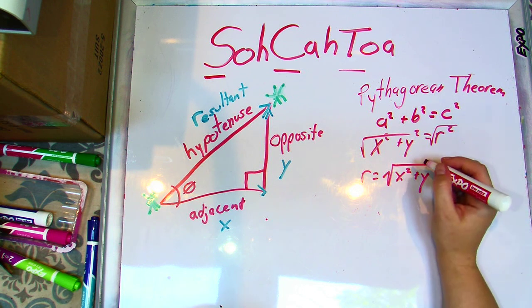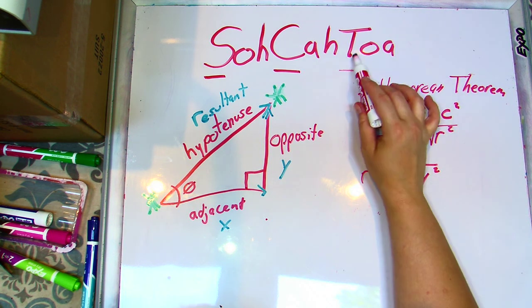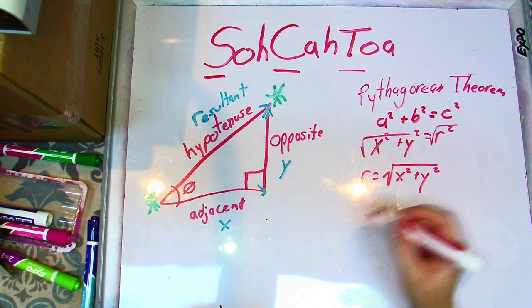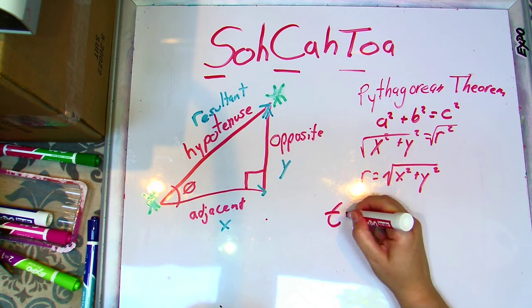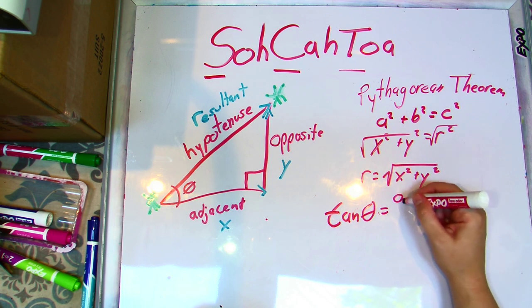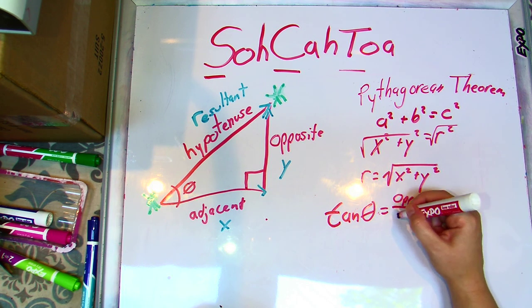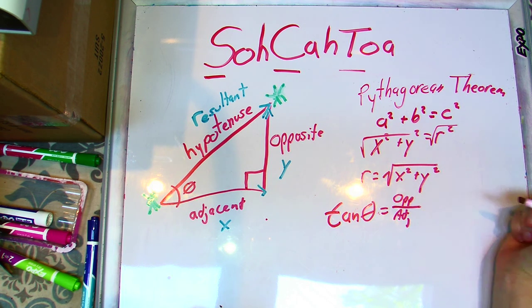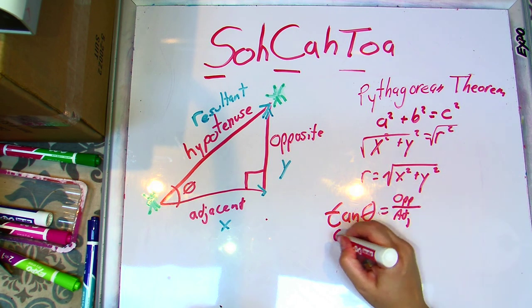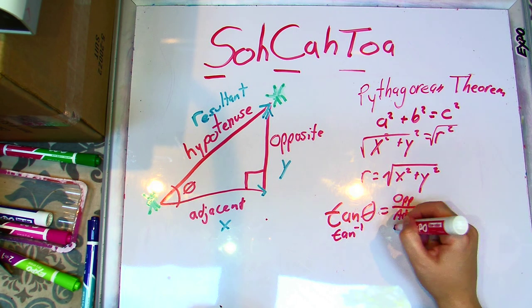And to find the angle theta, we can actually go and use the tangent. Because we know tangent of theta equals opposite over adjacent. Now, we want to get theta by itself, and how you do that is you take the inverse of tangent to both sides.